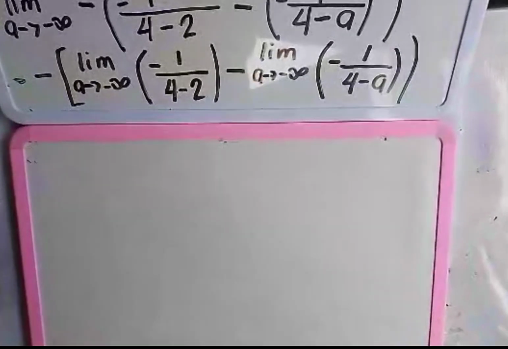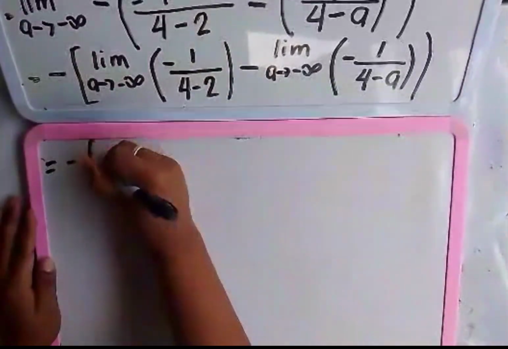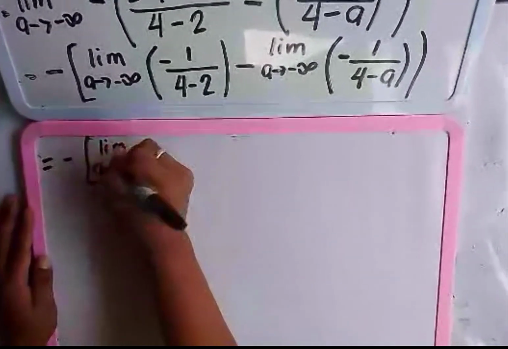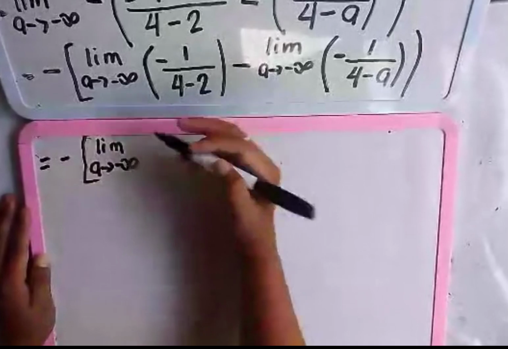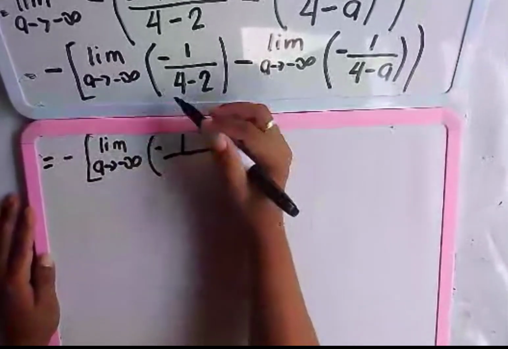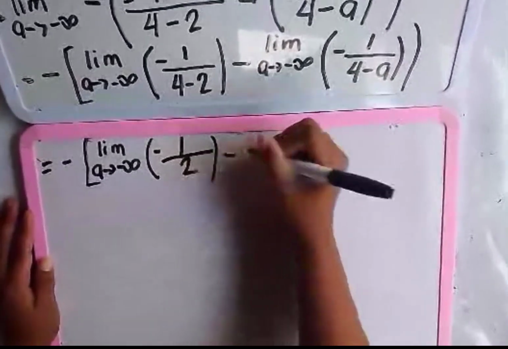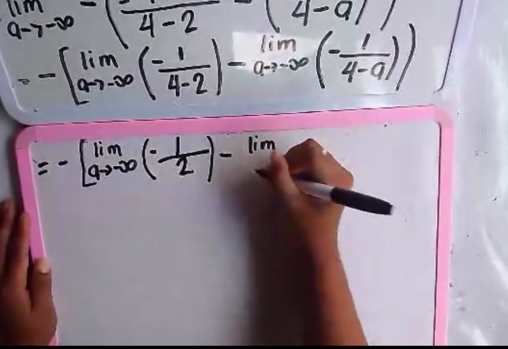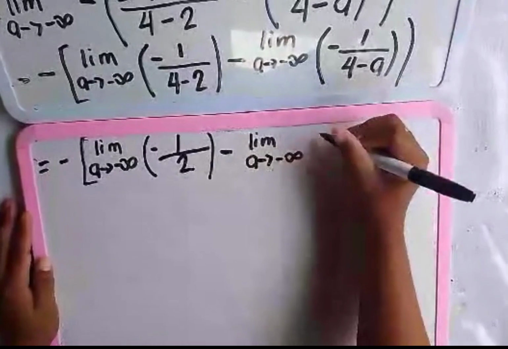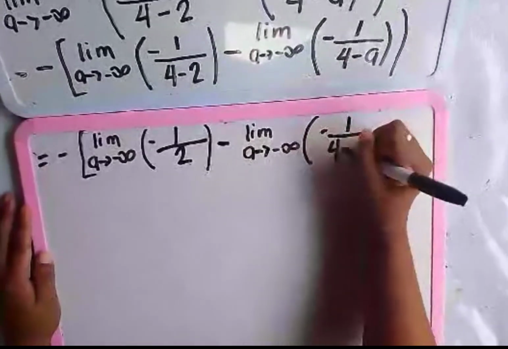And then, let's simplify. It is equal to negative times the limit as a approaches negative infinity of negative 1 over 4 minus 2, which is 2, minus the limit as a approaches negative infinity of negative 1 over 4 minus a.